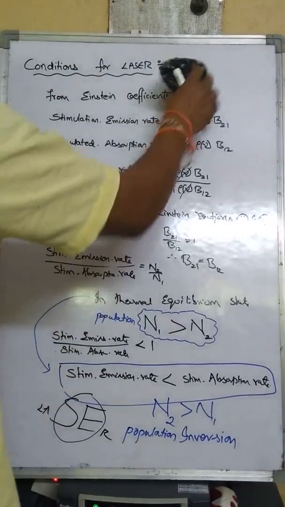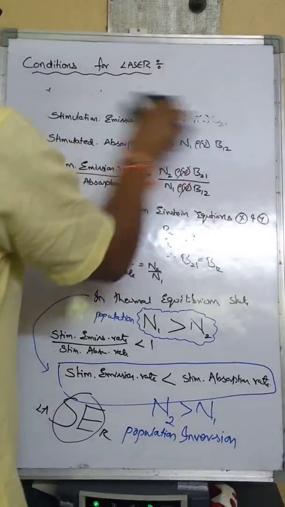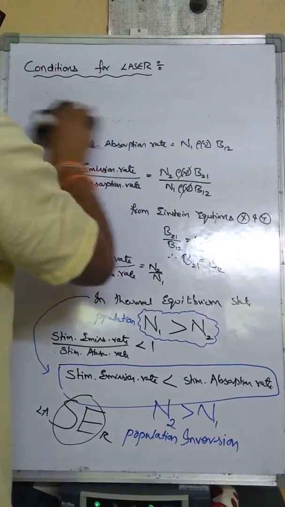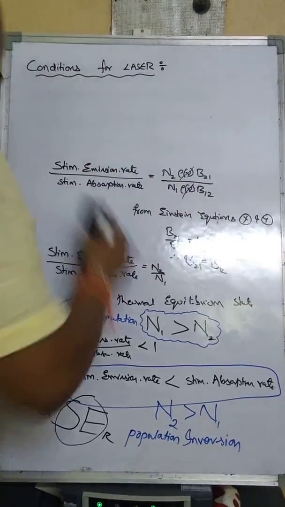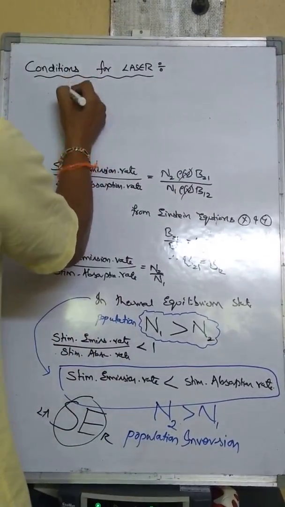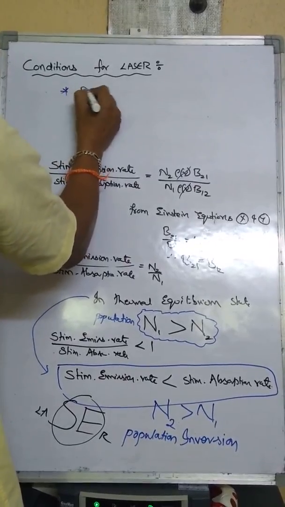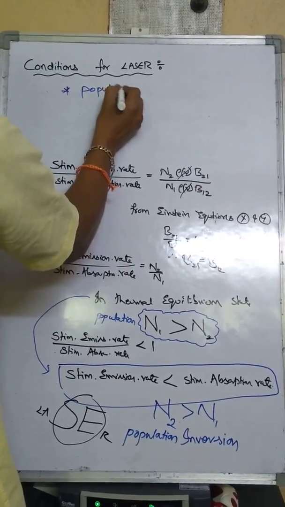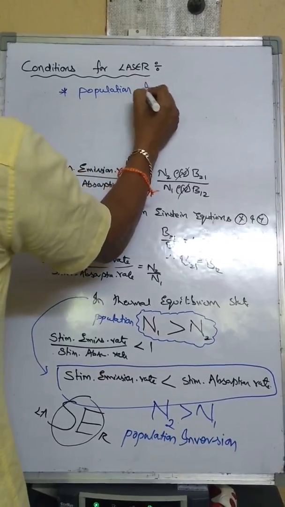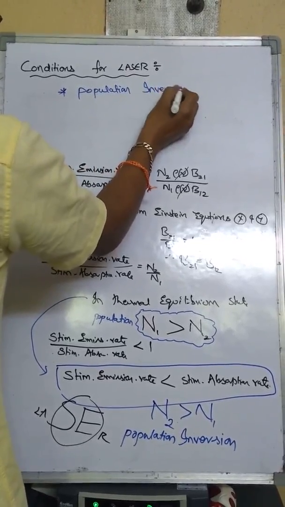From this small discussion, the conditions for a laser are as follows. The important condition is that you have to create a population inversion.